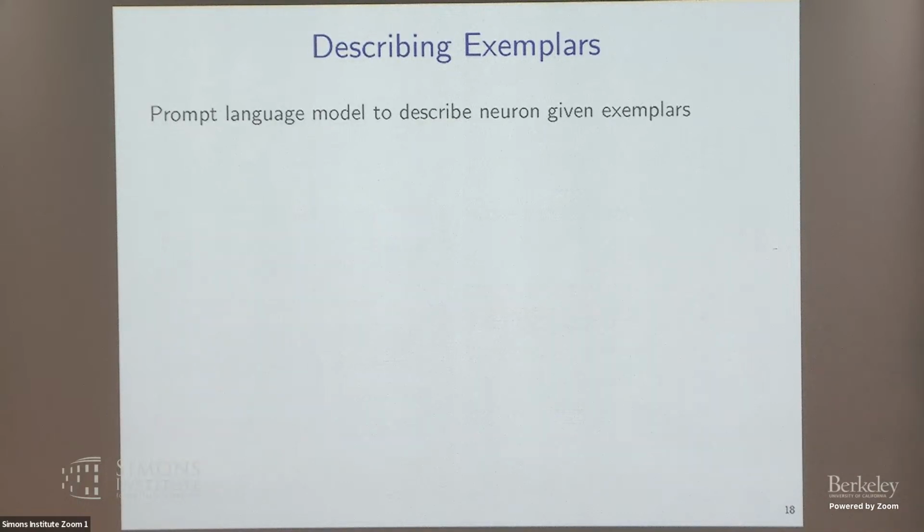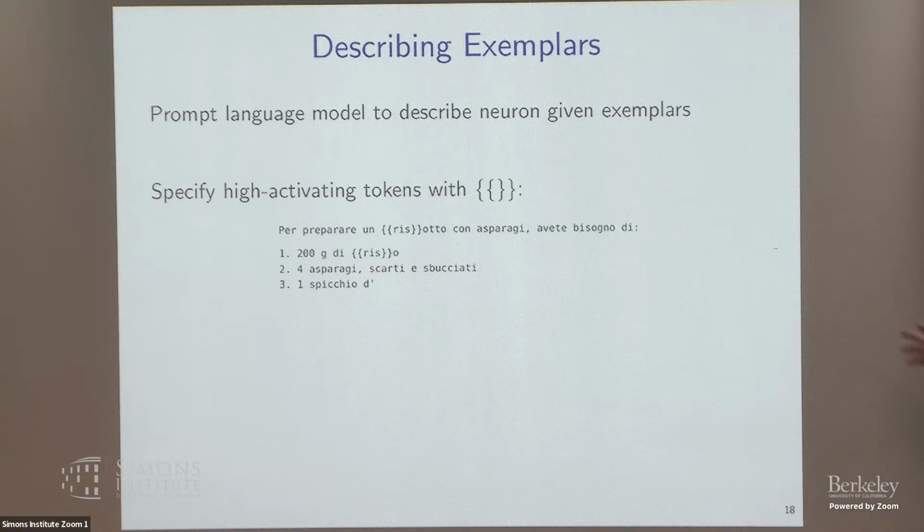Okay, so once you have that, then you want to prompt a language model to describe this. It actually turns out to be pretty important to come up with a good format. There's previous work that was the inspiration for this by Bills et al. at OpenAI. They use a different format than this, but this ends up helping quite a lot. The basic thing is you want to come up with a way to specify which tokens have high activations without interrupting the natural flow of the passage.